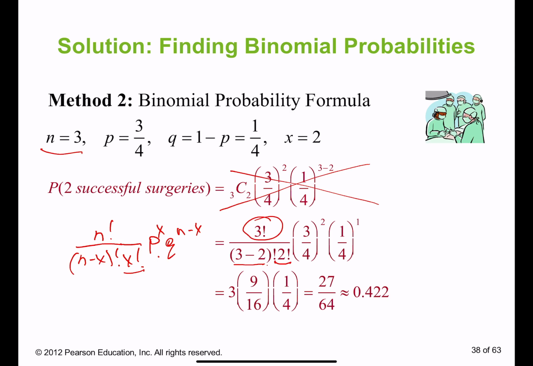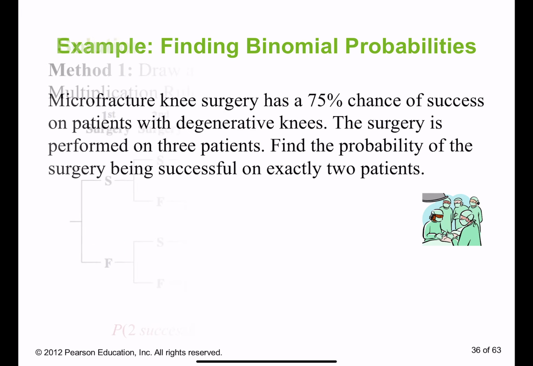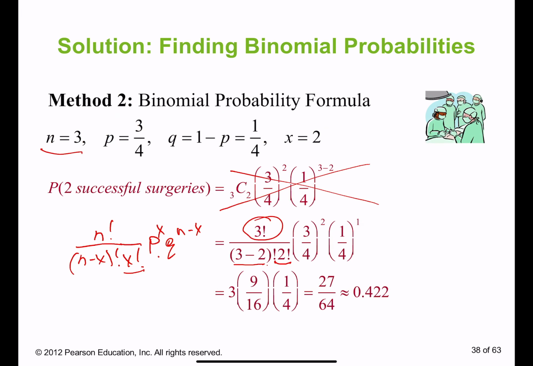Probability of success was 0.75, right? Here I wrote it down. They wrote 0.75 down as 3/4 fractionally. I don't know why they use fractions, but that's what it is. This 3/4, it's 0.75, to the power 2, because the number of successes is 2.